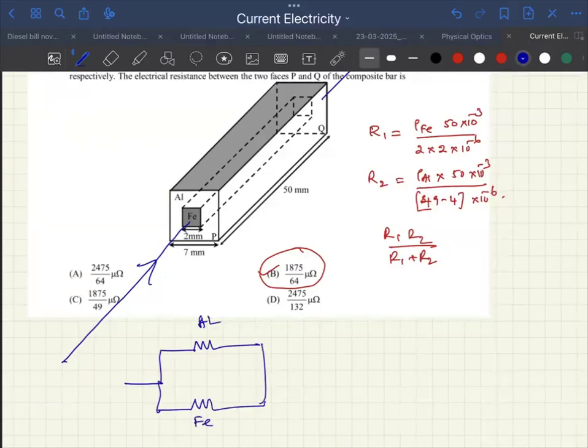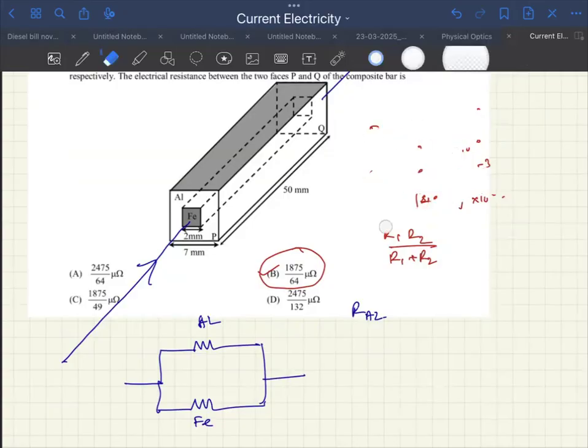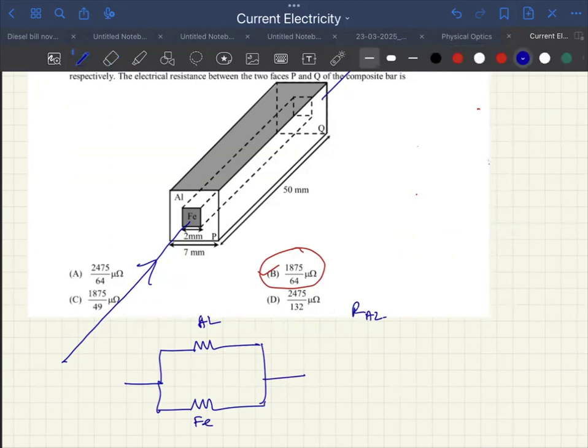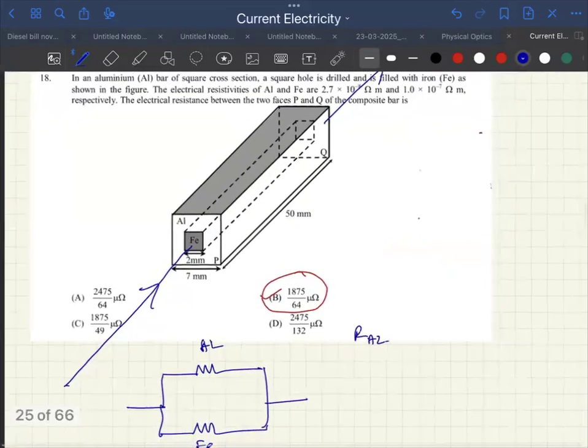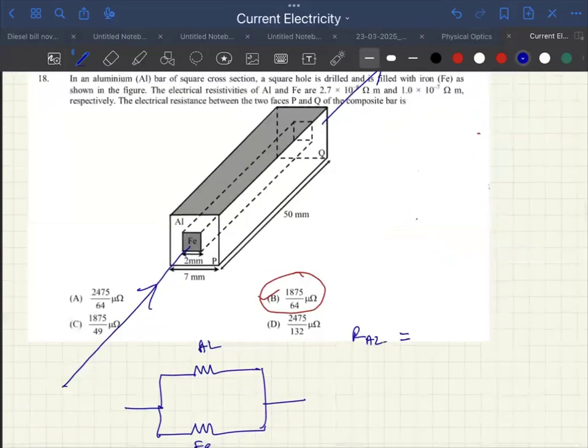Now please tell me how to understand aluminum resistance and iron resistance. Now let us take aluminum resistance. Tell me, what is common to all? Length is common. So rho aluminum into length by area. Tell me.